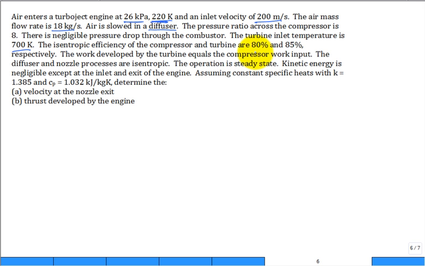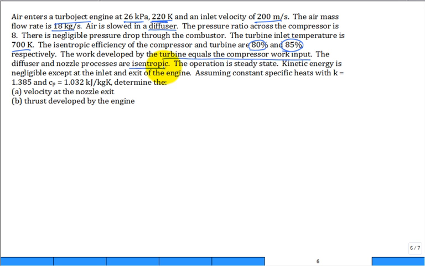Isentropic efficiencies are given for the compressor as well as the turbine. The work developed by the turbine equals the compressor work input. Basically, that sentence doesn't need to be included, that's how it works. It's just emphasizing how the turbojet engine works. The diffuser and nozzle are isentropic.